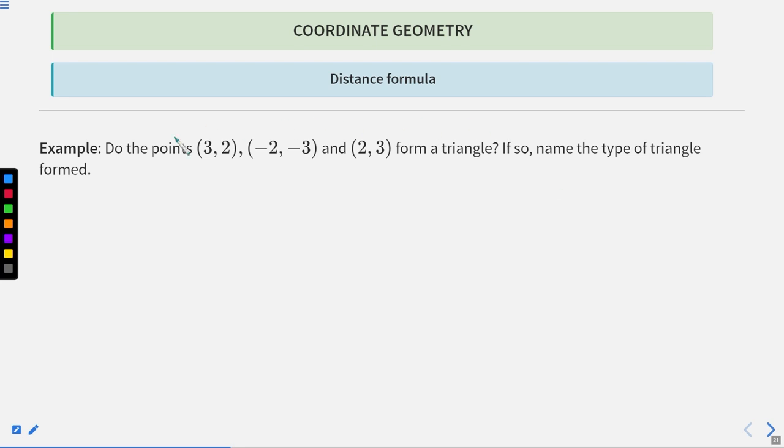Okay, so this question asks us, if we have these 3 points, then will they form a triangle? So if so, name the type of triangle formed. Okay, so which type of triangle will form, that we'll have to give some name.